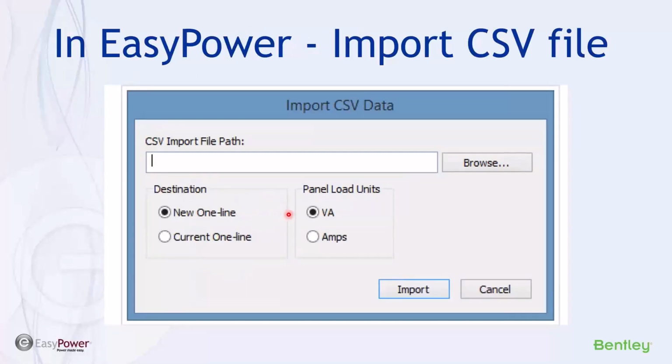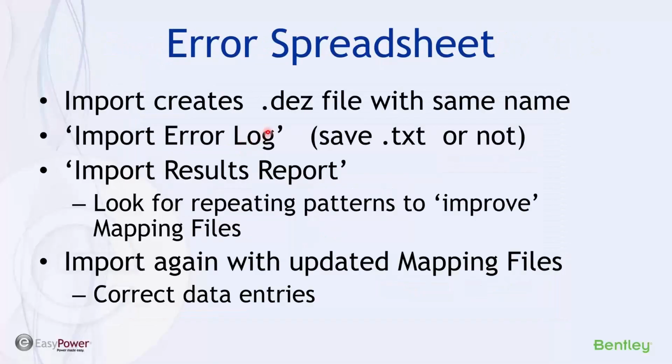So once you've saved the import CSV file from the SKM tools, you want to put it into a folder that also has a subfolder called mapping files. We'll talk about those briefly. But once you click on the import button, it does create the .dez file with the same name as the import file.